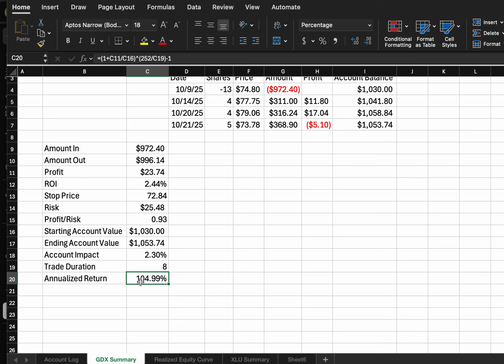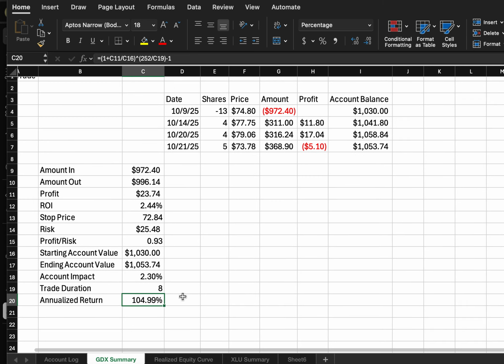So this is the annualized return. Now that's probably not realistic, but it gives us a measurement. When we do other trades that maybe last different amounts of days, this gives us a way to compare trades based on an annualized return.